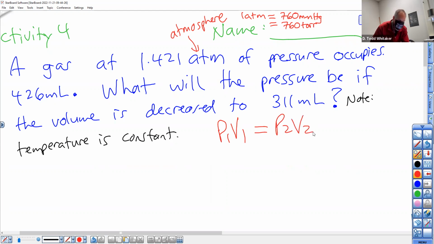I need which of those variables by itself in this question? The one I need is pressure 1 or 2. Pressure 1 is the one you start with. Pressure 2 is the one after. Yes, I'm given pressure 1, and I need pressure 2. So tell me how I organize this equation to get P2 by itself. I can divide both sides by V2.